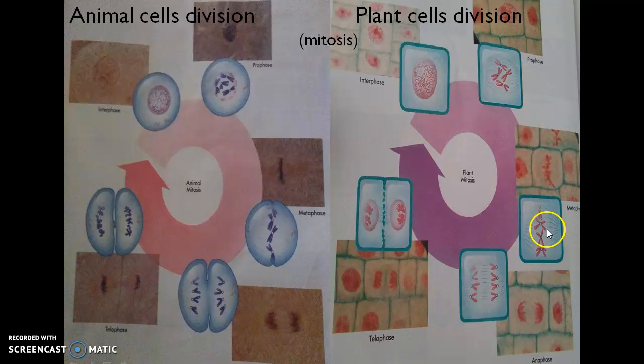All the other phases like metaphase and anaphase are identical, except in telophase, when the cells divide, plant cells produce a cell wall between the two cells, whereas in animal cells, cytokinesis separates the two cells by pinching them into two.